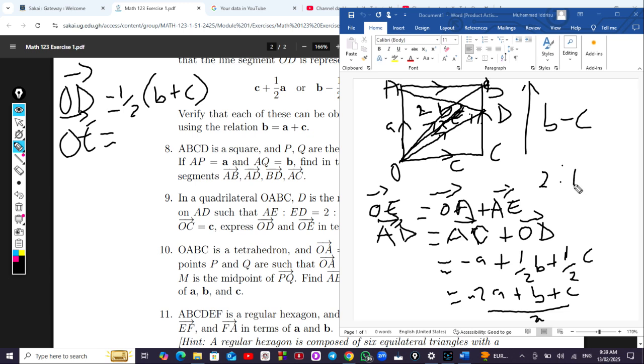So that means 2 over 3 times AD will give us AE.